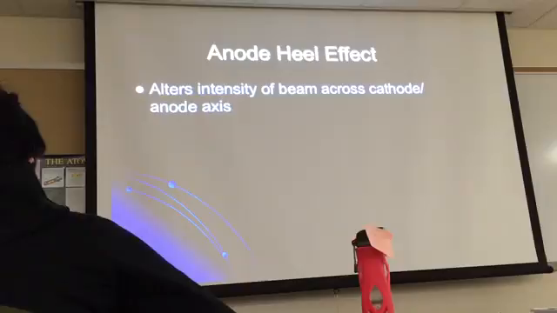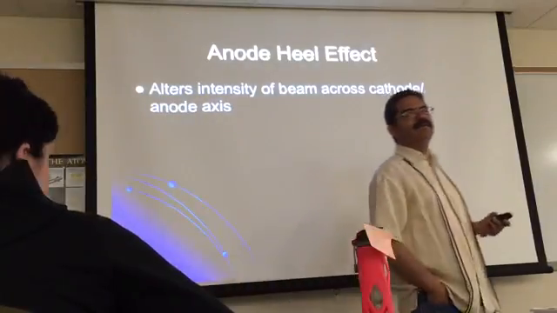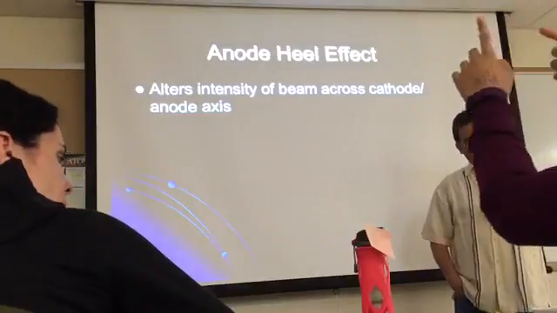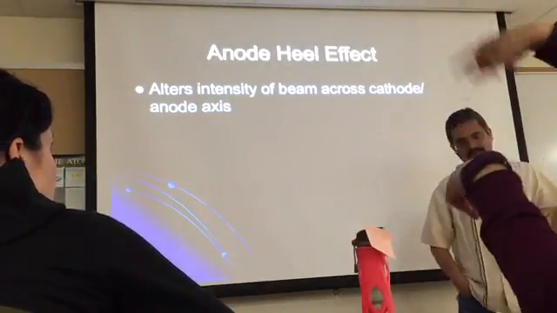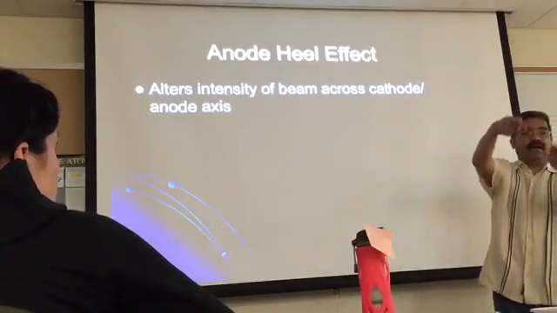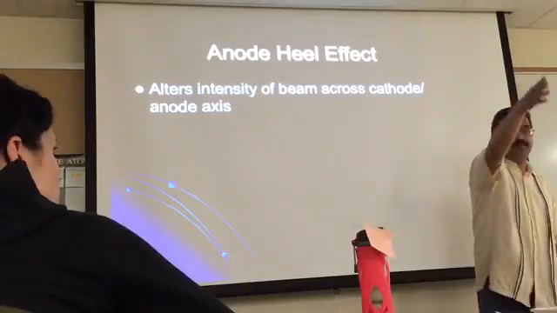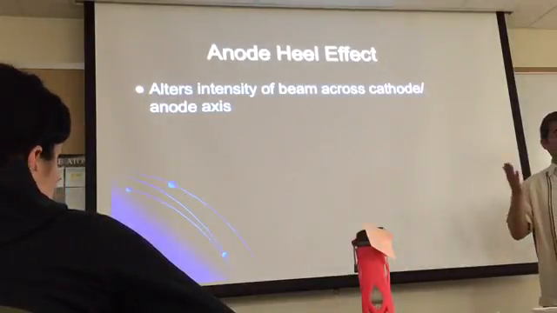The geometry of the anode. Expand. Okay, so when the electrons come in and hit the anode, it's easier for them to come straight back out towards the cathode end rather than go through more anode and lose energy. Exactly. That is the heel effect.